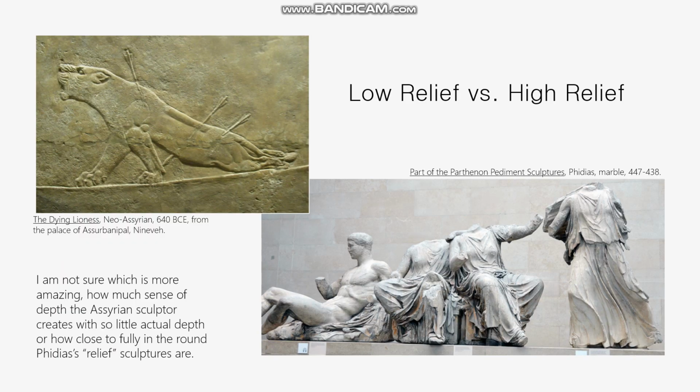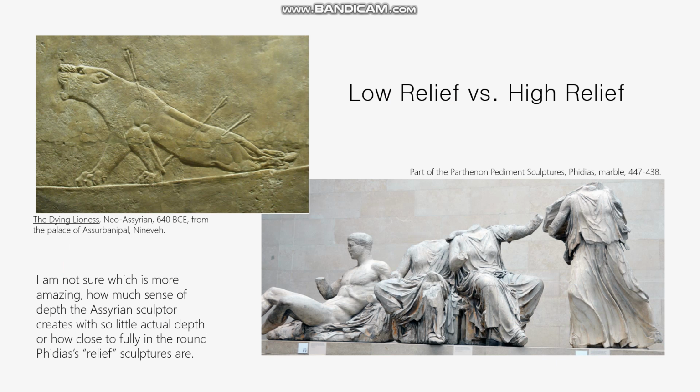So here's a contrast between low relief and high relief. The Dying Lioness is a classic example of low relief, of bas relief, whereas the pediment figures of the Parthenon are a classic example of high relief. They are so high relief, in fact, that they were made as separate pieces and then assembled onto the pediment.